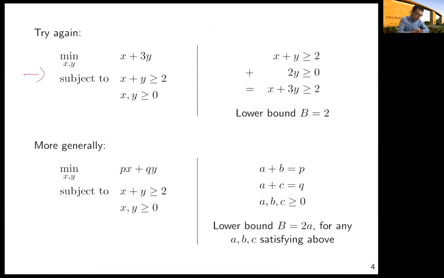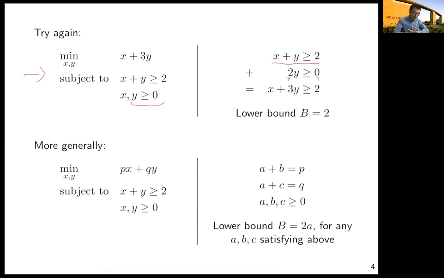Now the objective function is different from what we had before, but we can still take non-negative combinations of the inequality constraints and connect them together so that we can construct a lower bound of the objective function. What we can do is take the first one and multiply this inequality by a factor of 2 on both the left-hand side and right-hand side.